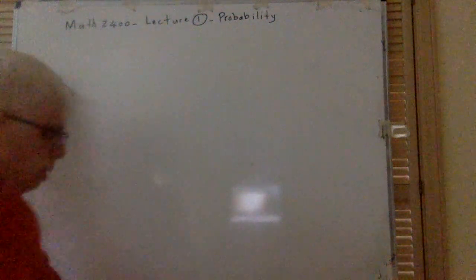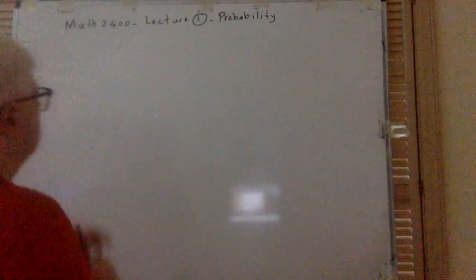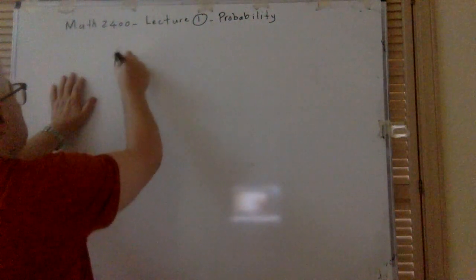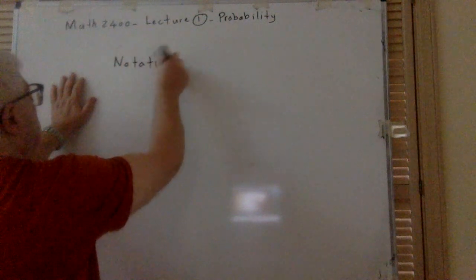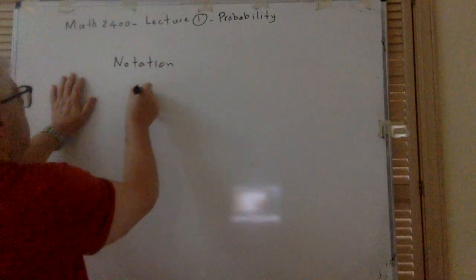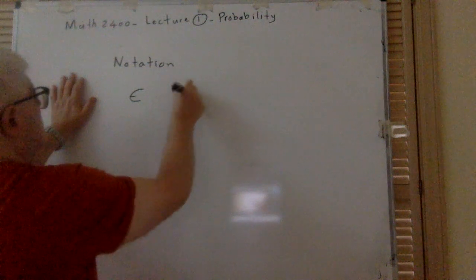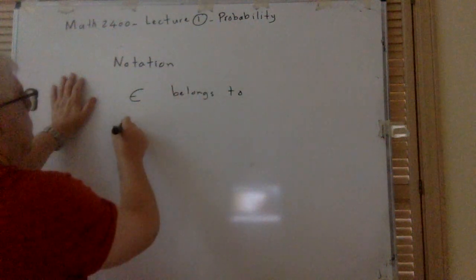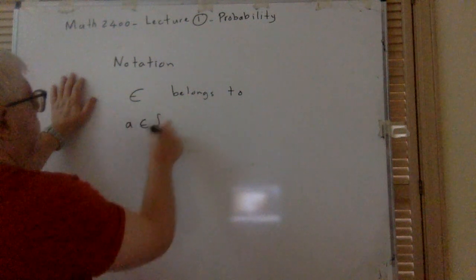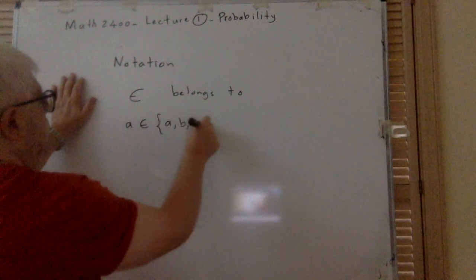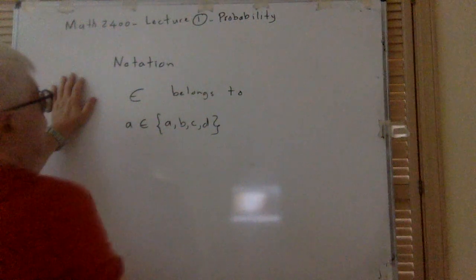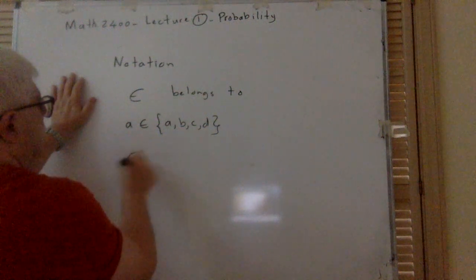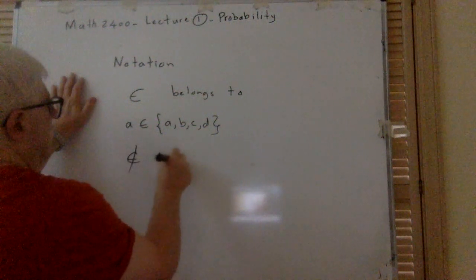Okay, so these were some notations. Let me write down some notation that I use. There is this notation, belongs to. So we say that A belongs to set A, B, C, D. And if I write this, it means does not belong.